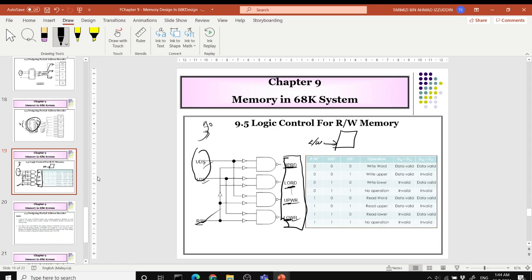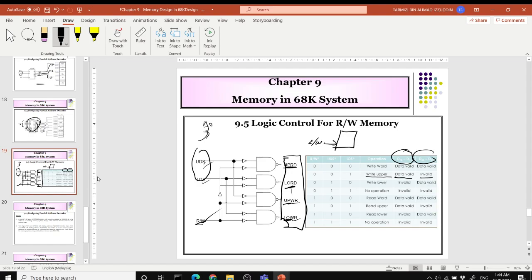You can see the lower and the upper is denoted by this column over here. For example, if it's 001, then you are telling the memory to write at the upper part of the memory. The upper part is D8 to D15. So this part will be valid and this part will be invalid.